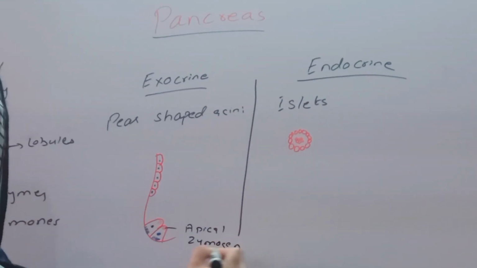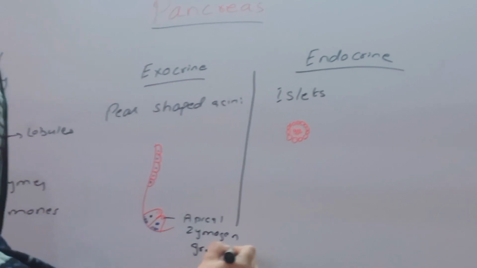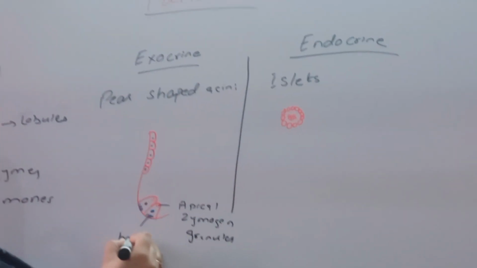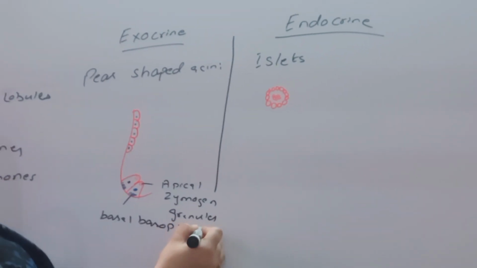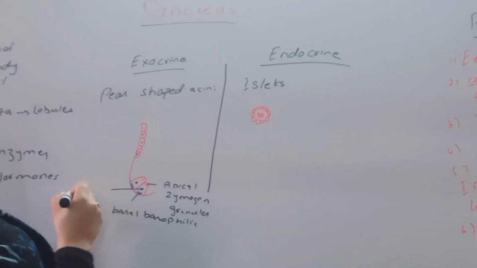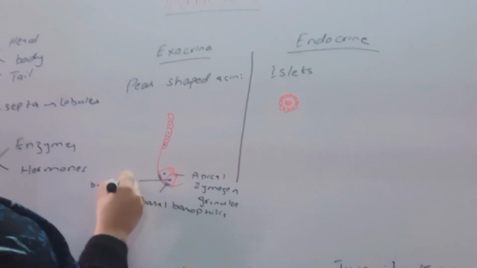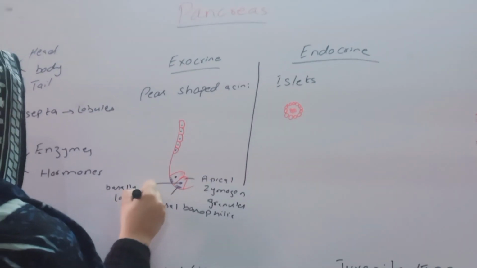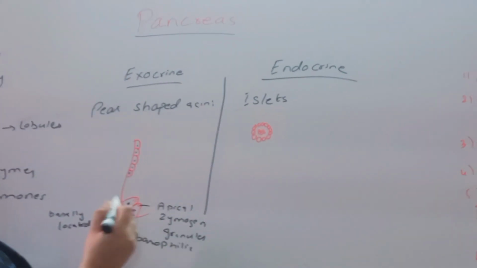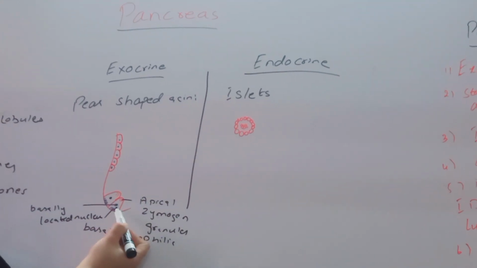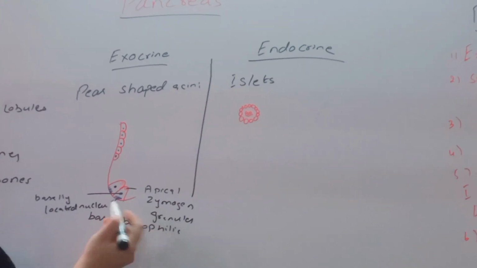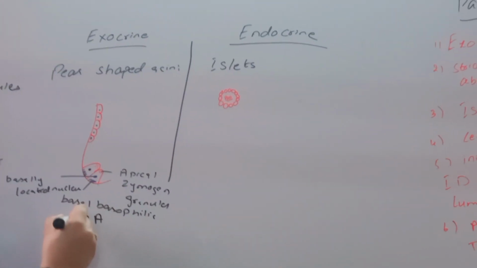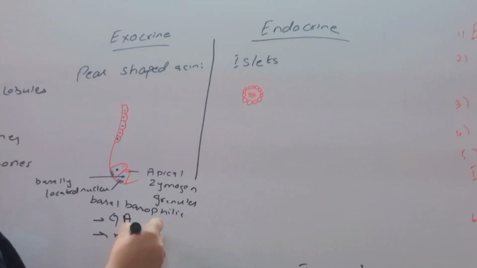These are the apical zymogen granules. This is the basal basophilia, a basally located nucleus, and beside these structures, these pyramidal cells of the acini also have Golgi complex, Golgi apparatus, as well as mitochondria.